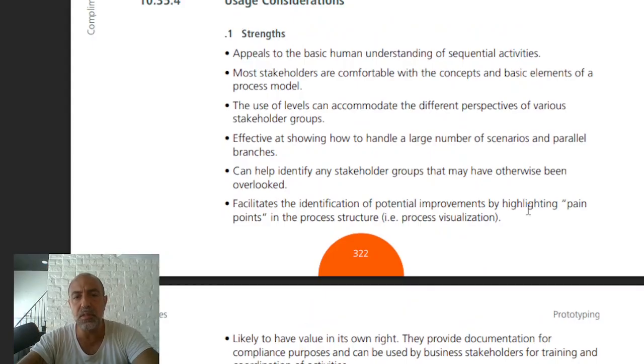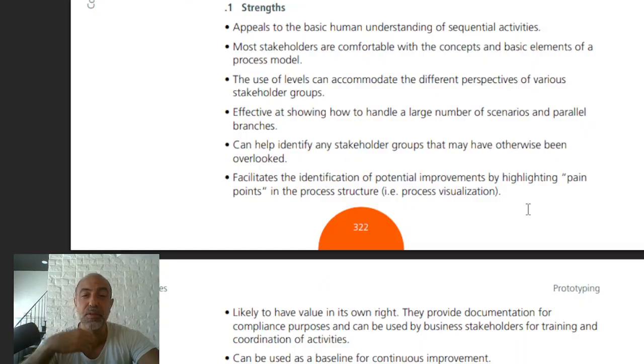The strengths: it appeals to basic human understanding of sequential activities. Most stakeholders are comfortable with the concepts of basic elements of a process model. The use of levels can accommodate the different perspectives of various stakeholder groups. Effective at showing how to handle large number of scenarios and parallel branches, because it kind of distributes them, right?